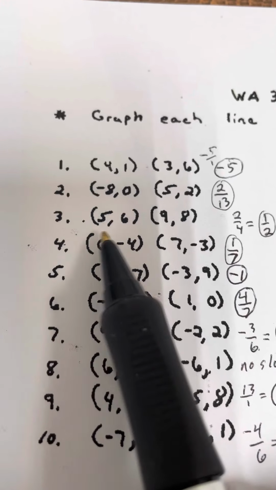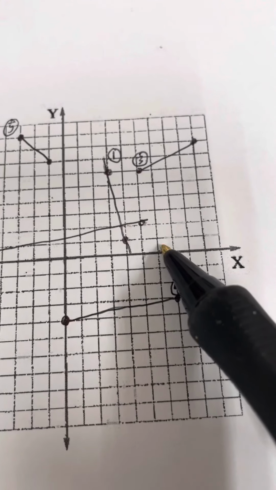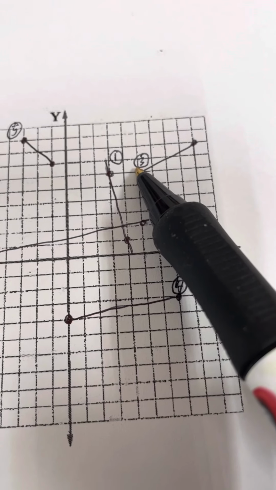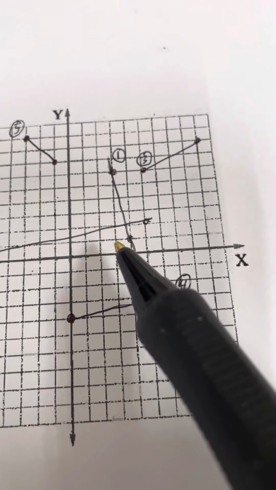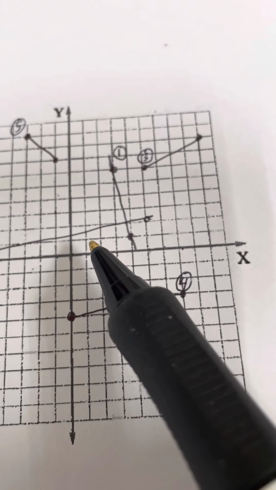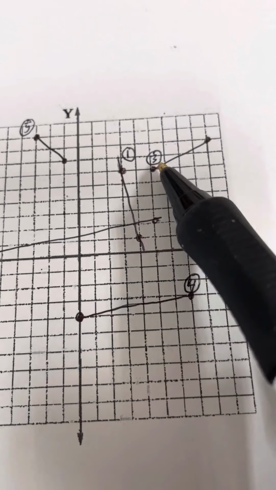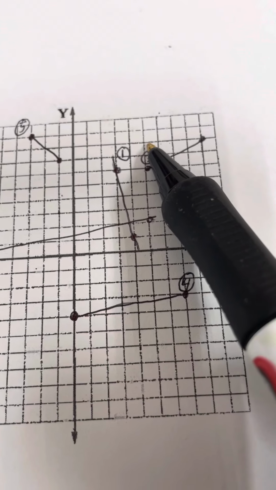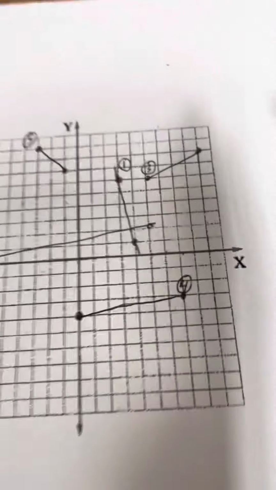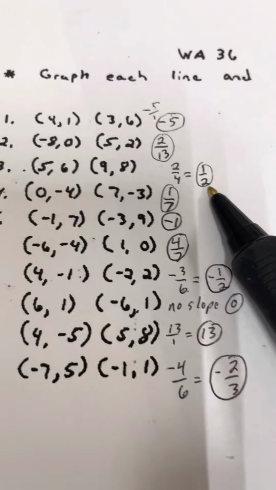Number 3, 5, 6, and 9, 8. So number 3, I go 5, 6, and then I go 9, 8. So from this point to this point, I'm going up 1 over 4, which is 1/4.